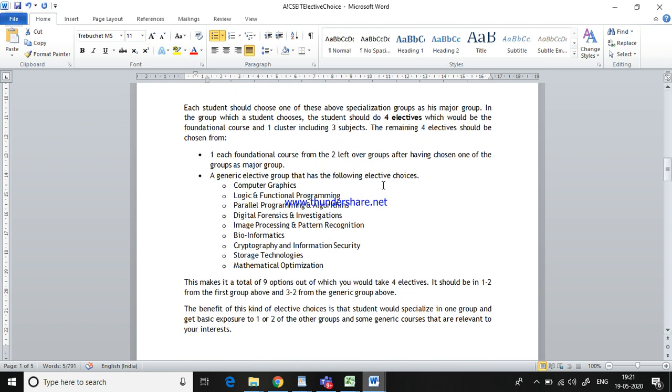The remaining courses can be chosen from a generic elective group which offers these following choices. So currently the widely chosen courses are IPPR, image processing and pattern recognition, cryptography and information security, and mathematical optimization.